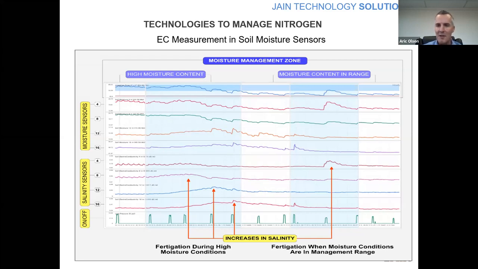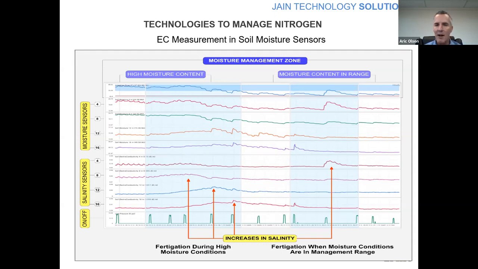We can see that fertilizer got to 4 inches. And if you look really close, you can see at 8 inches there's a minor hump. So most of that fertilizer went to 4 inches, but didn't go past 8. Whereas in the over-irrigated scenario, that fertilizer went all the way to 16 inches, and we can see it because this nitrogen is like a salt. It breaks apart, and we can use EC to help make this visible.